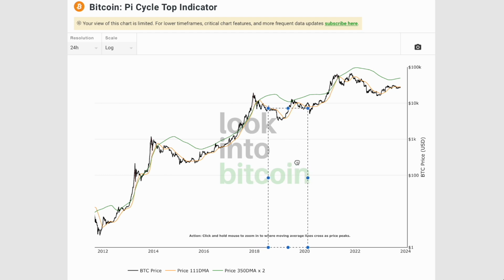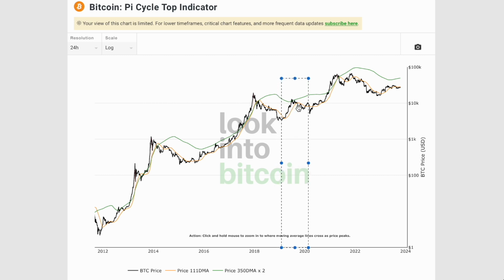So going on to 2019 to 2020, same thing. We managed to hold above this moving average without really retesting it, and of course we have to narrow this down to around here.